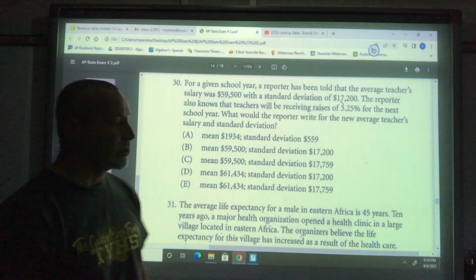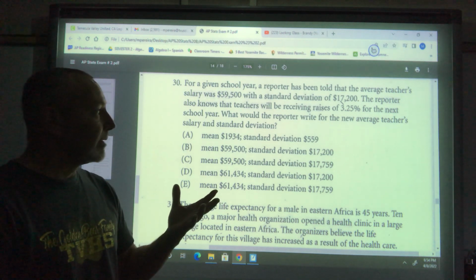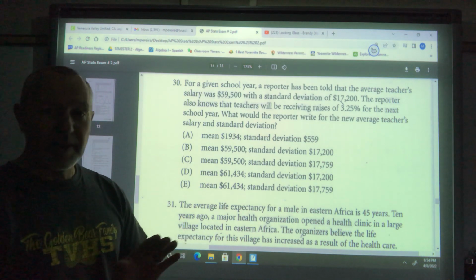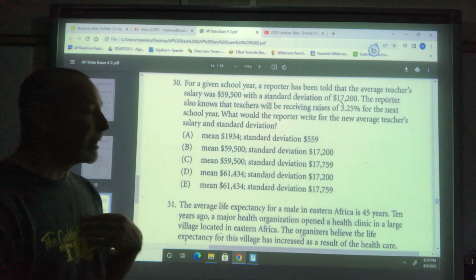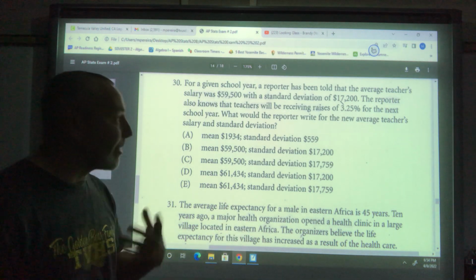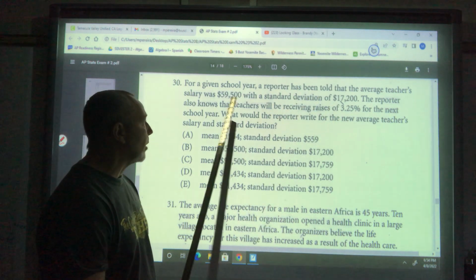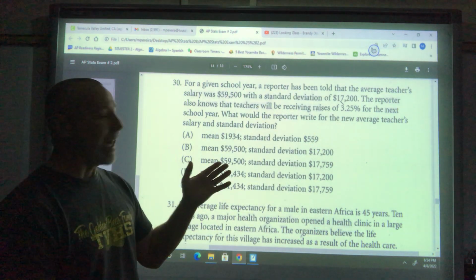Everyone added 3.25%. So if I was making $100,000, that was twice as much as I got if I was making $50,000. 3.25% of each is a different amount, okay? So that's going to change that for sure. So I'm going to get 3.25% more, everyone will. So I'll multiply that by 59,500, that's my increase, and I'll add that onto that.